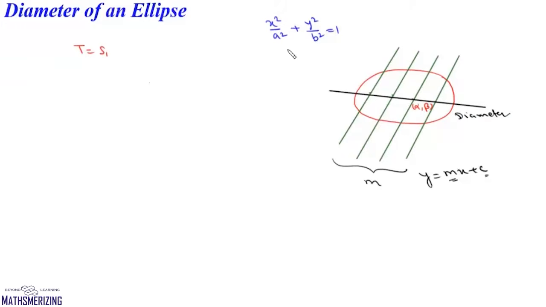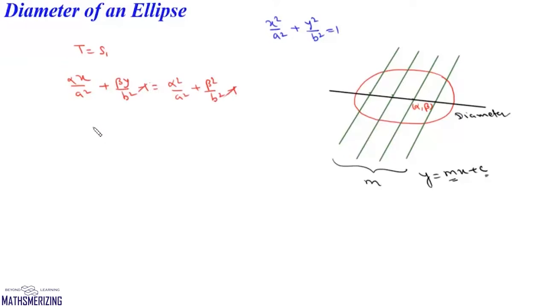So we'll write the equation of this chord. The equation of this chord will be alpha x upon a square plus beta y upon b square minus 1, and it will be equal to alpha square upon a square plus beta square upon b square minus 1, which will cancel.